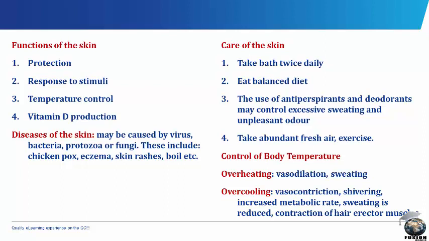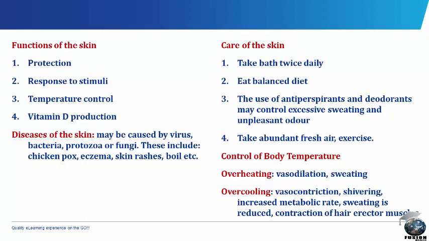These impulses cause changes such as the vasodilation and sweating. In vasodilation, the arterioles in the skin swell, thereby increasing the flow of blood through the skin. This leads to increased loss of heat through the dermis by convection and radiation. While in sweating, sweat glands are stimulated by nervous impulses to secrete additional sweat.